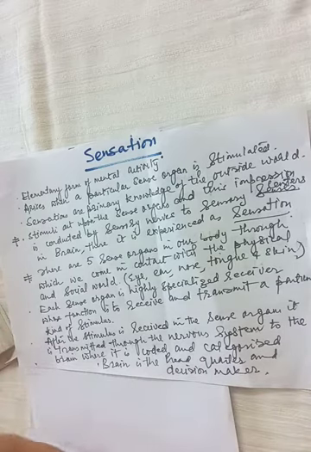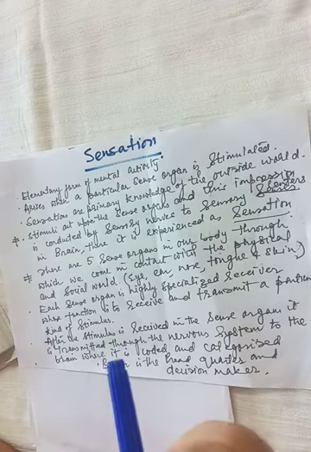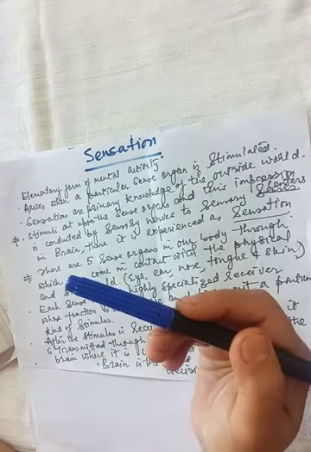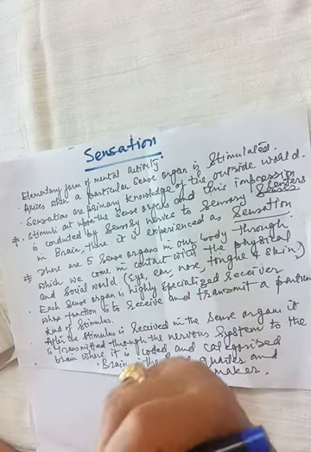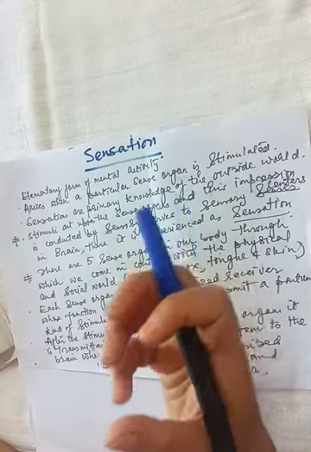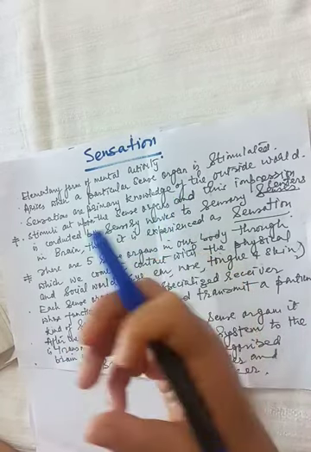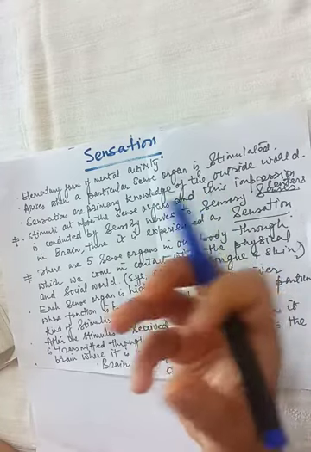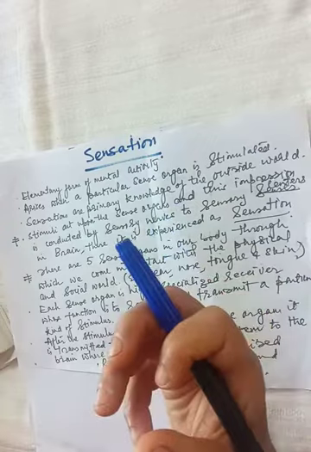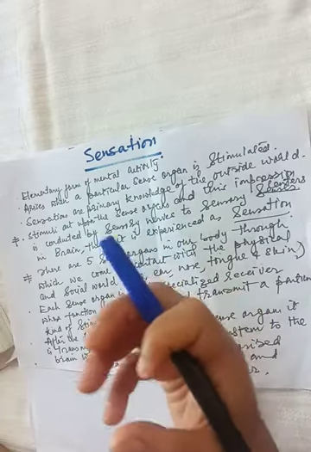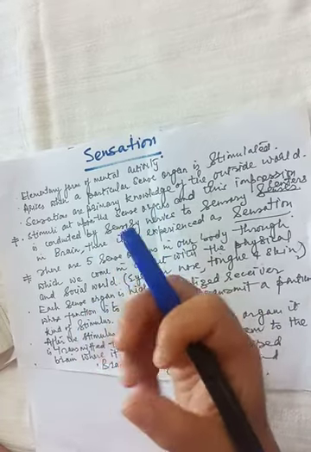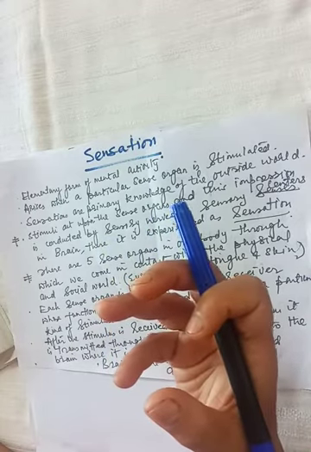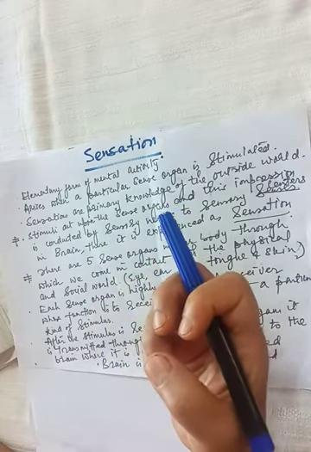So here we'll stick to the sensation part. These sense organs carry the reception of that stimulus through sensory nerves to the brain centers. There are different specific brain centers for sense of hearing, sense of sight, sense of smell, sense of touch, pressure, which is received by our skin.